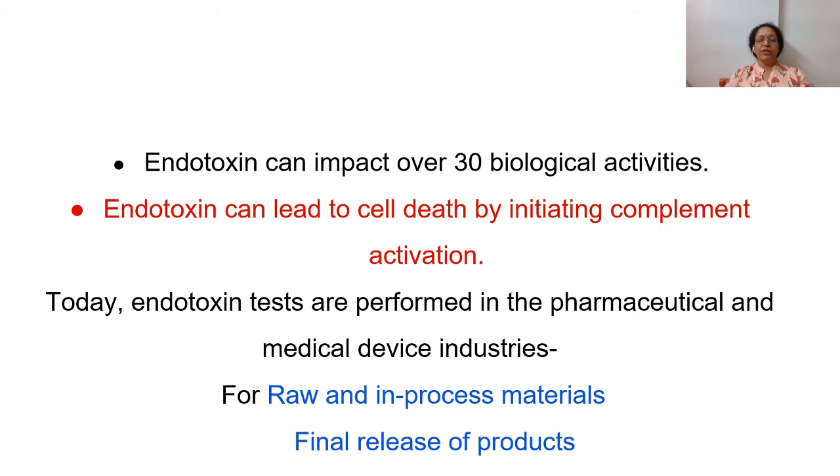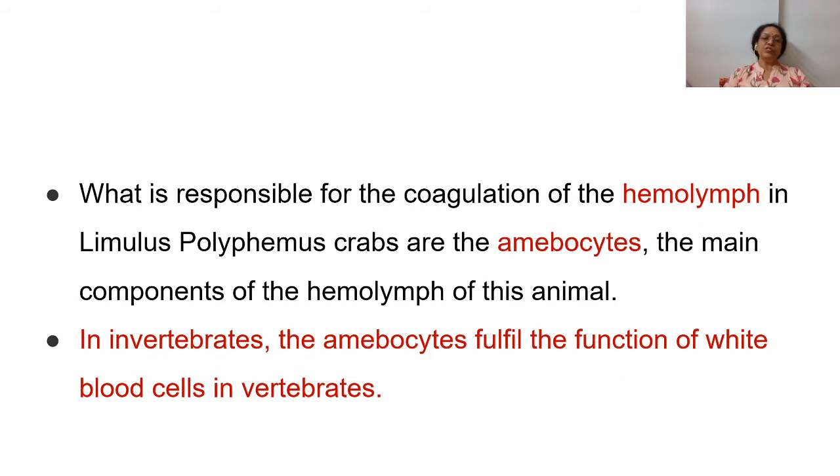At the same time, during production of the finished product, chances of contamination and growth of gram-negative organisms will be there, and so endotoxins may be present in the finished product. So these tests are carried out for raw and in-process material, at the same time for the finished product. What is responsible for the positive LAL test?